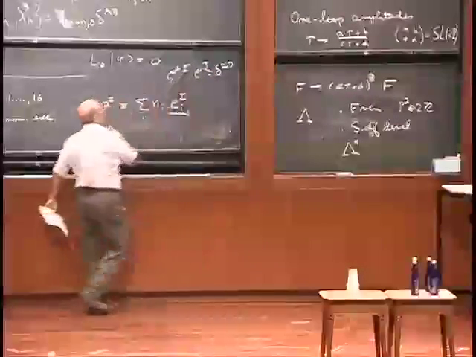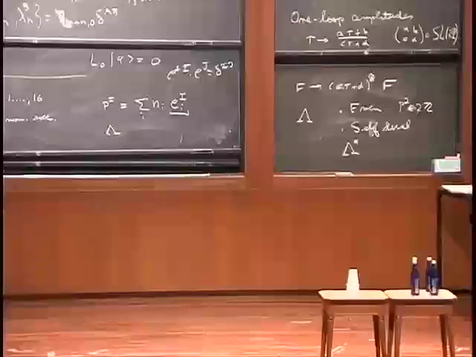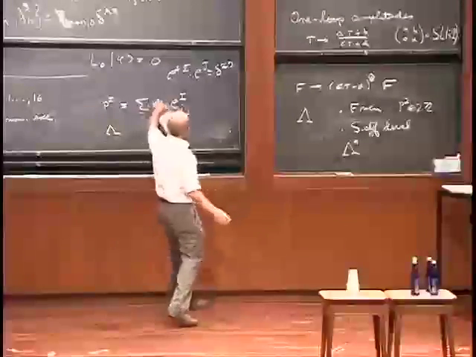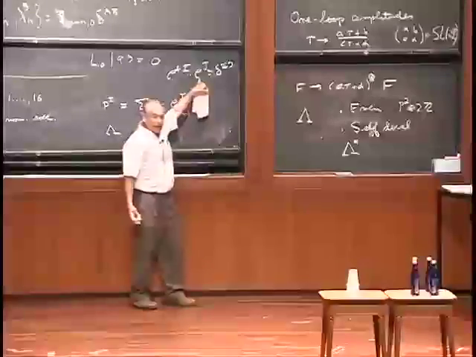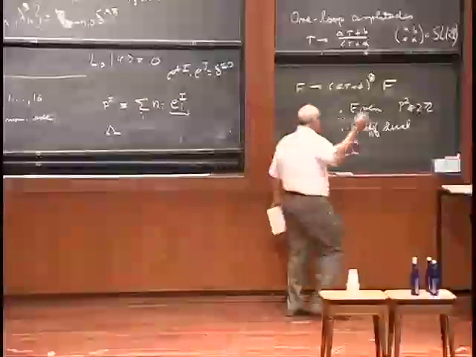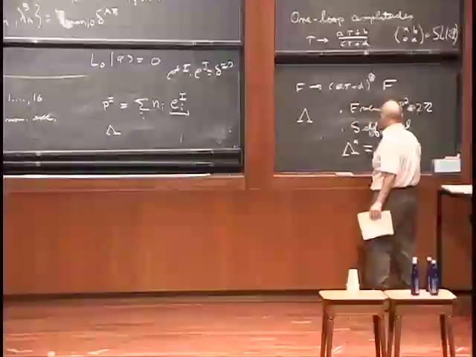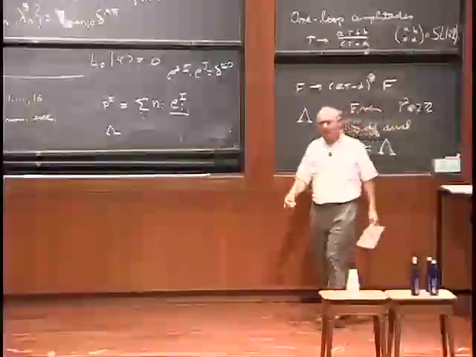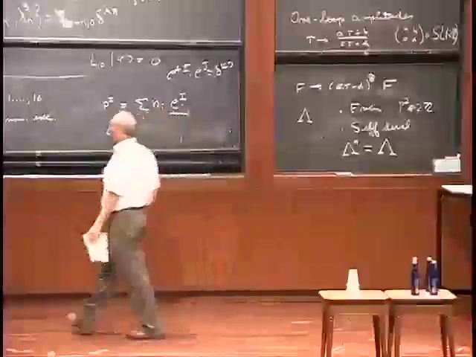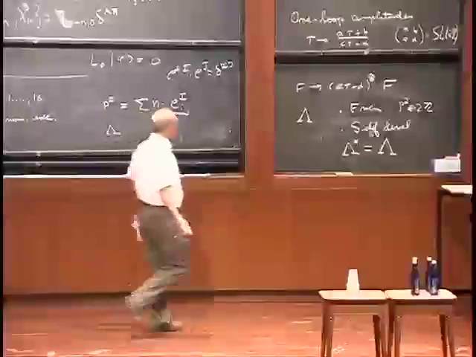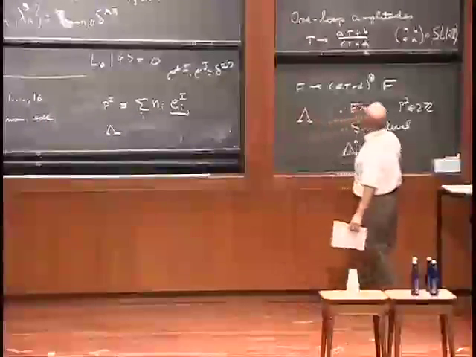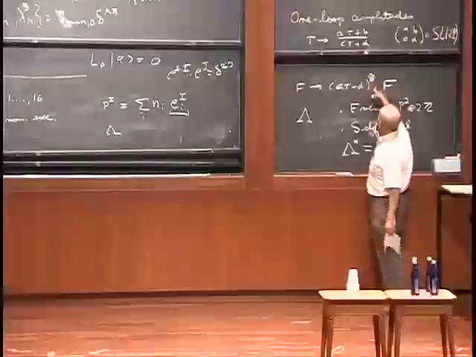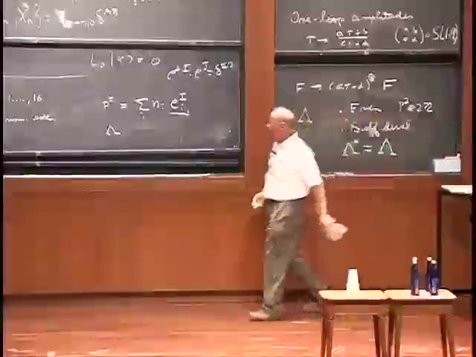That defines the dual, so the dual lattice is generated by these vectors e star i. The e stars are not necessarily equal to e, but what is required is that they generate the same lattice. And so the self-duality is that the dual lattice lambda star is equal to the lattice lambda. So these two conditions turn out to be necessary and sufficient to ensure this property and the modular invariance.